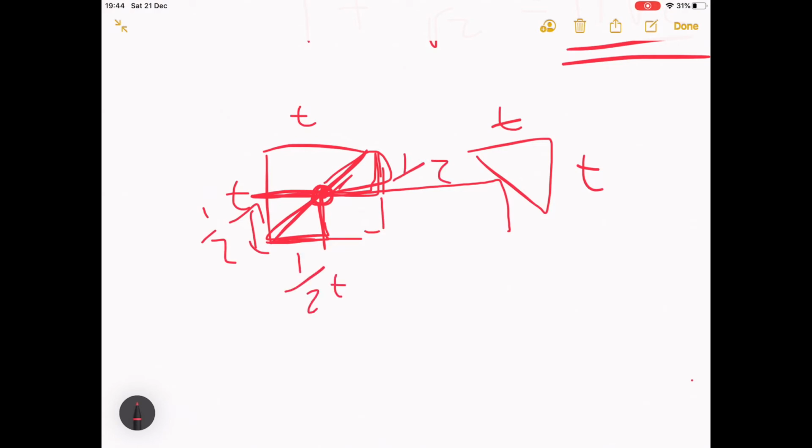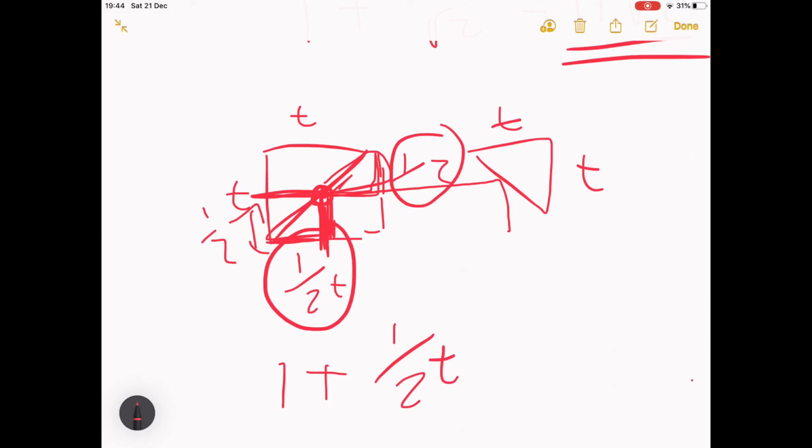So we have our 1 plus our height here. So the length of our smaller square would just be 1 plus half t, 2 half t's. So we have our half t here and a half t here. So 1 plus half t plus half t. And we know that's just basically 1 plus t anyways.